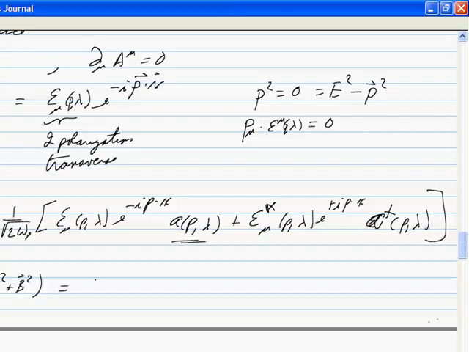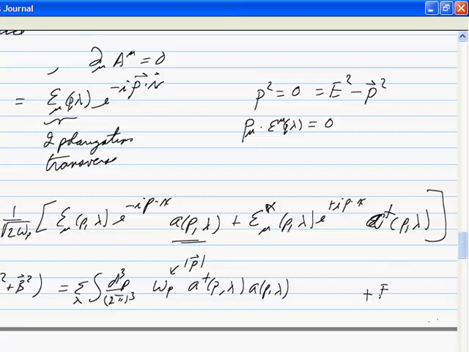The answer turns into, after the dust settles, d3p over 2 pi cubed, omega p, a dagger of p and lambda, so there's a sum over lambda, a of p and lambda. The energy doesn't depend on lambda, where omega is just the magnitude of p, and there's a 0-point energy, which is 2 times the 0-point energy of a scalar.